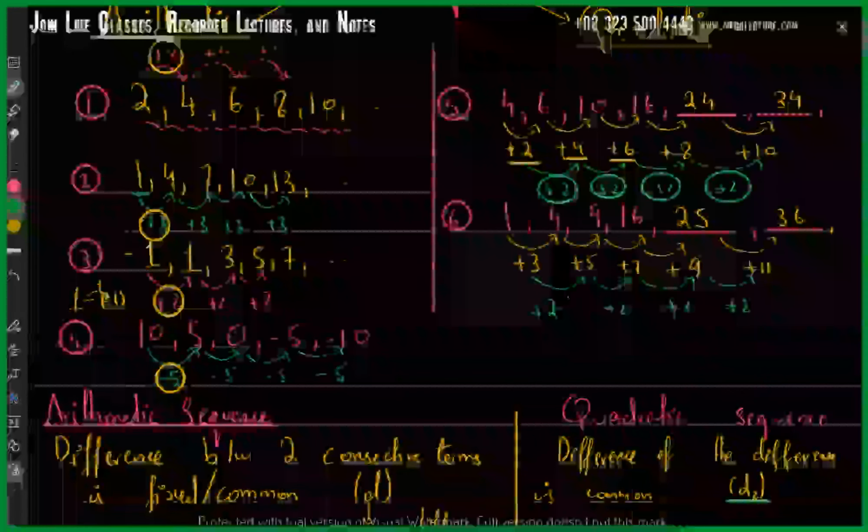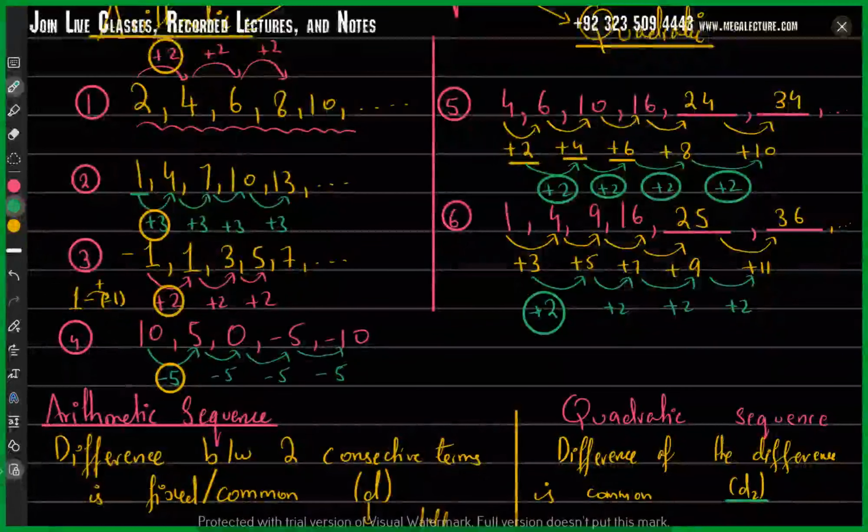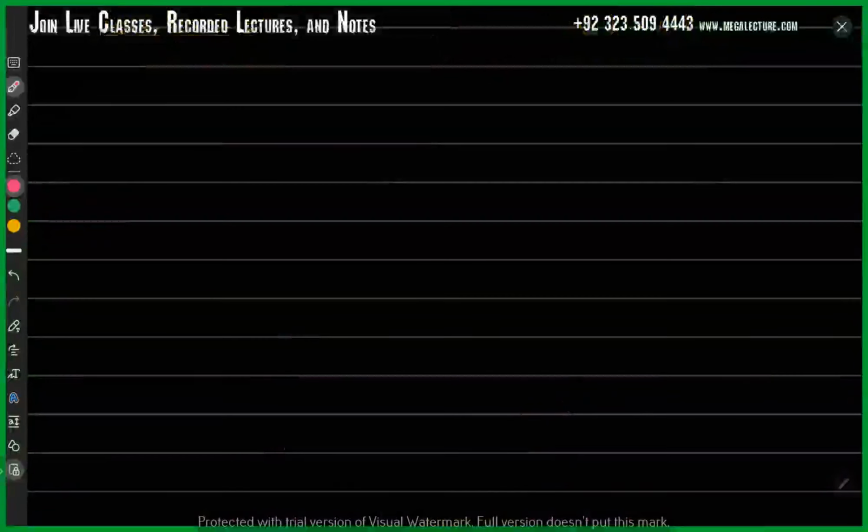So for example, let's say this is your sequence. Let me write it down here. Now we are talking about a formula. Let me just state the title and everything, and then we talk about it. General slash nth term formula.